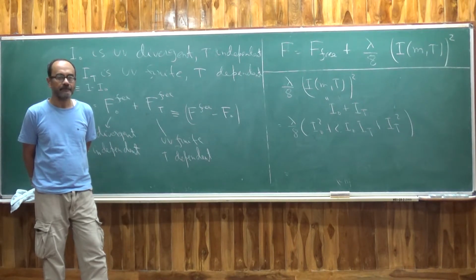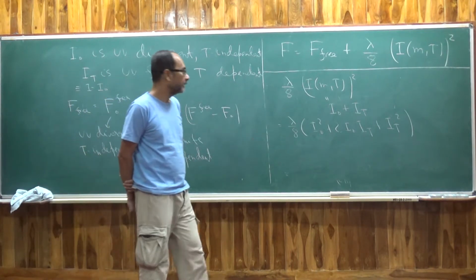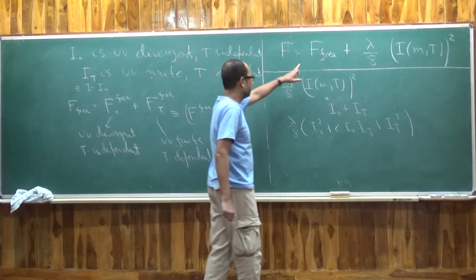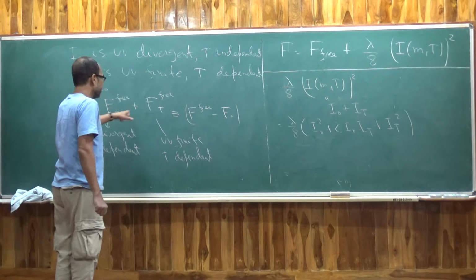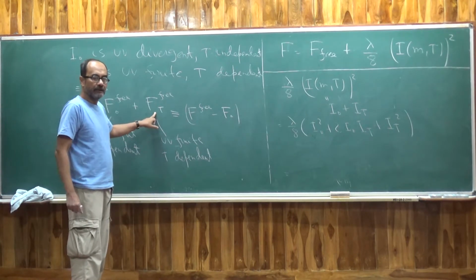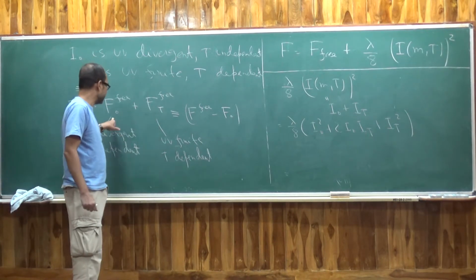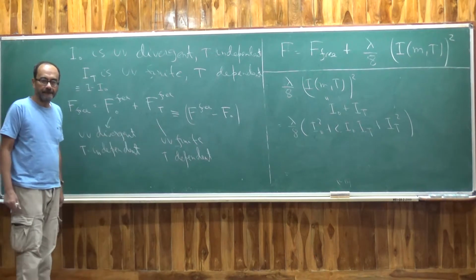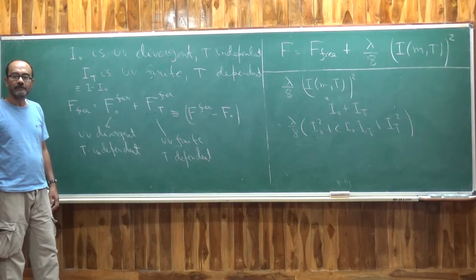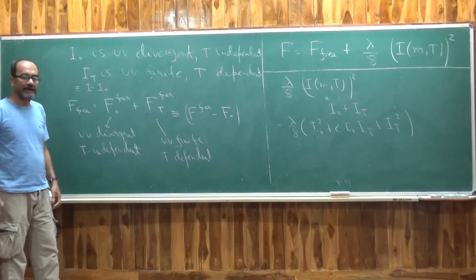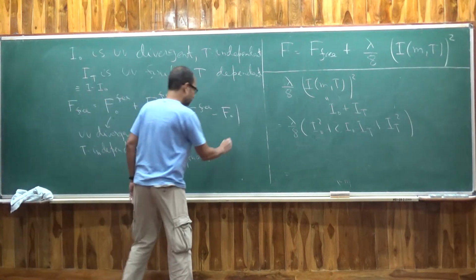The free part is also temperature dependent. The free part has temperature dependence, but that part is UV finite, right? In the free part, the UV divergent piece is the one that is temperature independent. So this squaring we got by just taking this diagram.